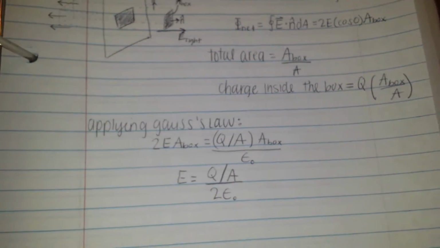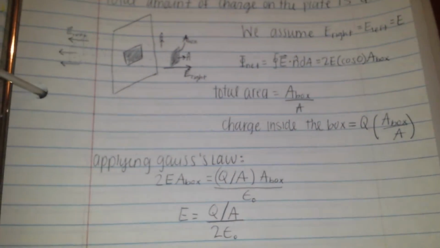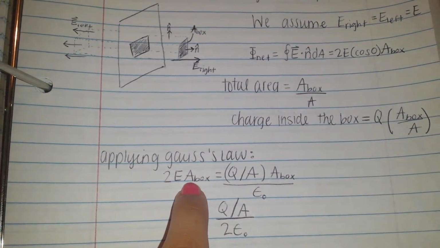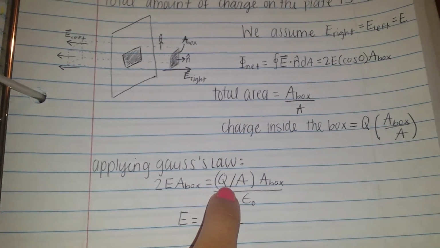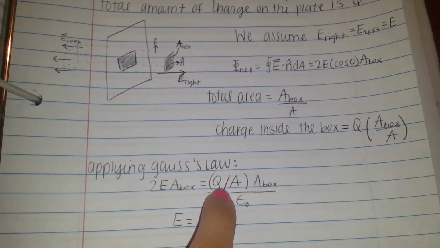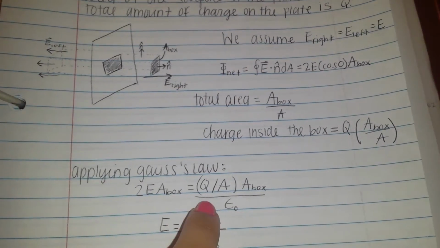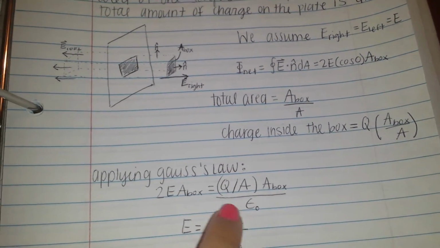So now we can apply Gauss's law. We calculated this as the net flux. That's going to be equal to the charge inside, which we also just said was this, divided by epsilon naught.